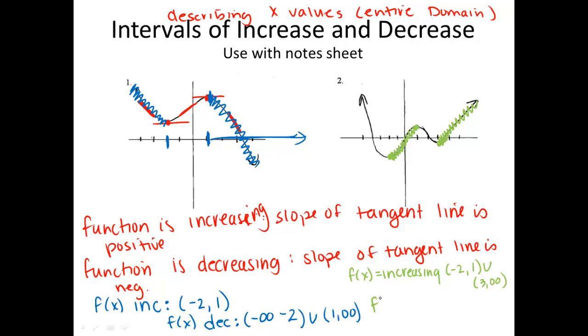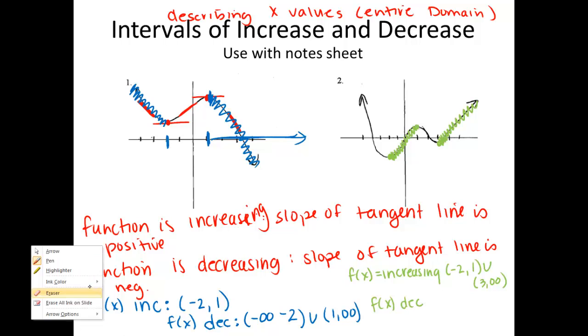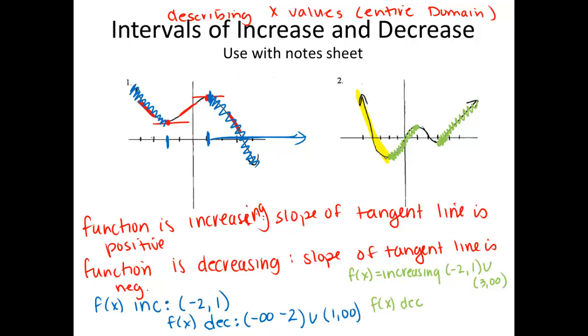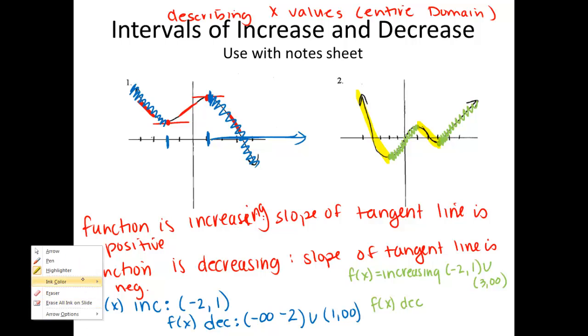Okay, so where is f of x decreasing? Well, f of x is decreasing from -infinity to -2 and from +1 to +3.